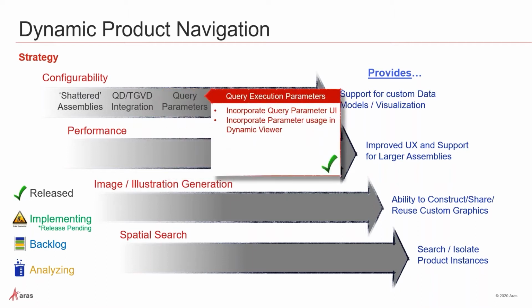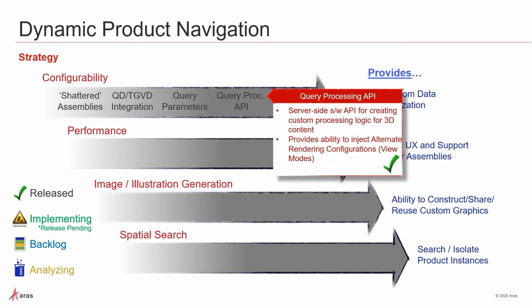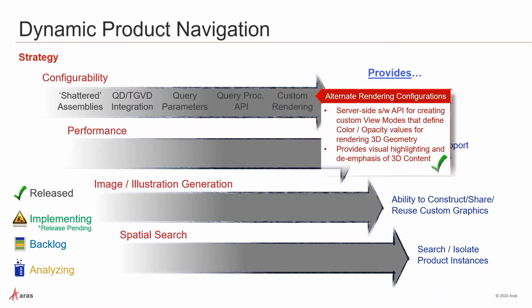We enabled the use of query parameters for filtering the components that get loaded. We created a software API to be used when alternate data model processing is required or for custom rendering configurations, which allow the definition of custom view modes used to highlight or de-emphasize geometry in a view.